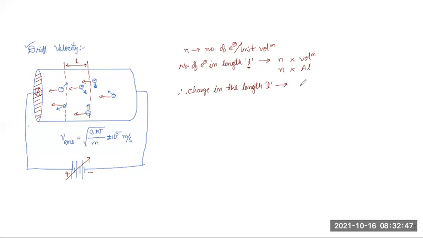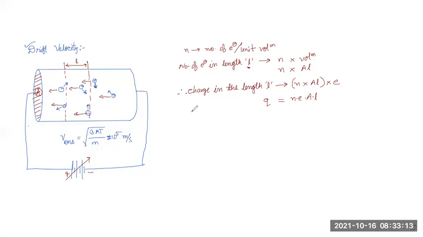It's as simple as nAL, which gives us the total number of electrons, multiplied by the charge of the electron. So the total charge Q in that length will be equal to n e A L. That's our first basic important result.